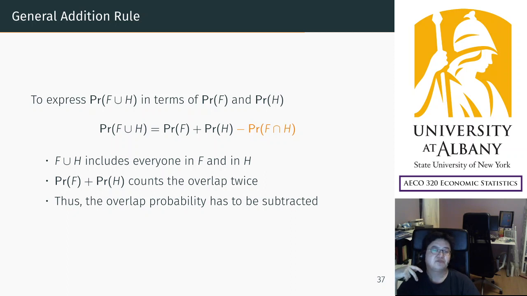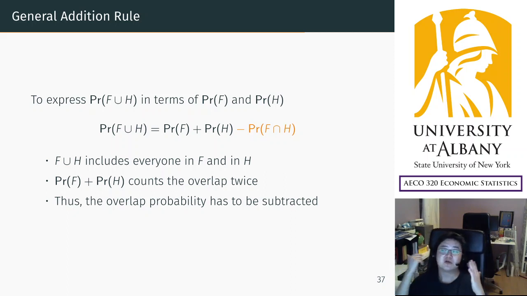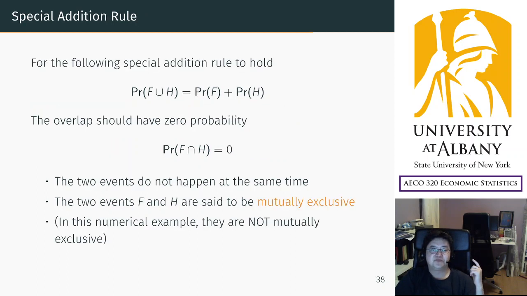So you can subtract the double counted outcomes by subtracting the intersection. The intersection is the outcomes that are included in both of the events, so they are double counted. So we subtract the intersection part.